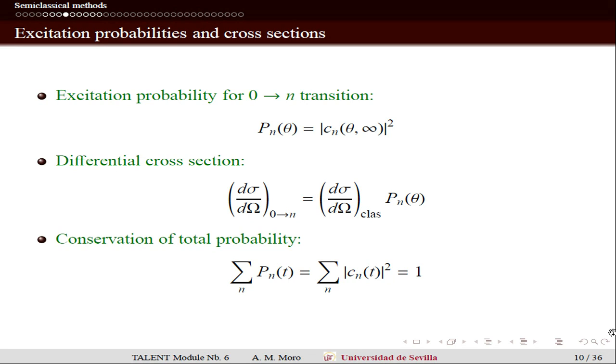So at any time t, the sum of the squares of these coefficients should add to 1. This means that the total flux will be distributed between the different states, but the total flux must be conserved. This is what this condition means.